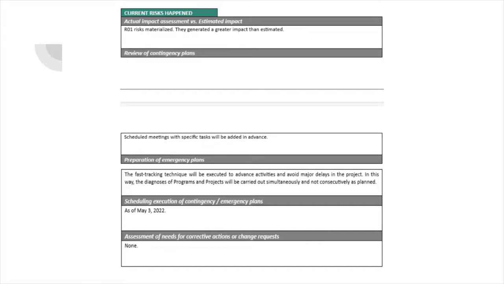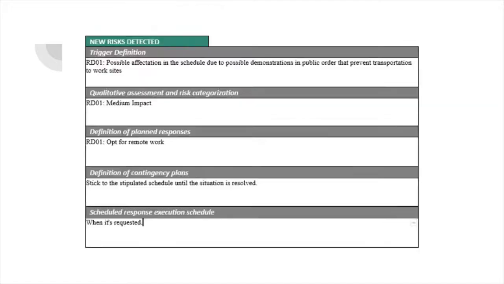In this way, the diagnosis of programs and projects will be carried out simultaneously and not consecutively as planned. Schedule execution of contingency emergency plans as of May 3, 2022. Assessment of needs for corrective action of change request: none.